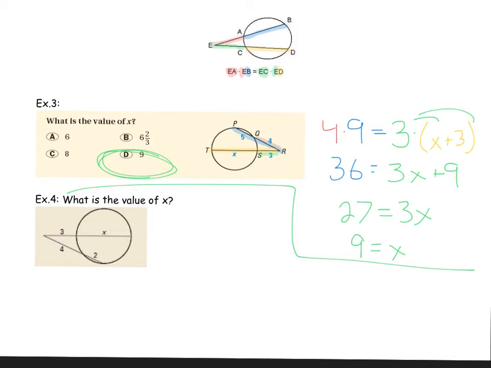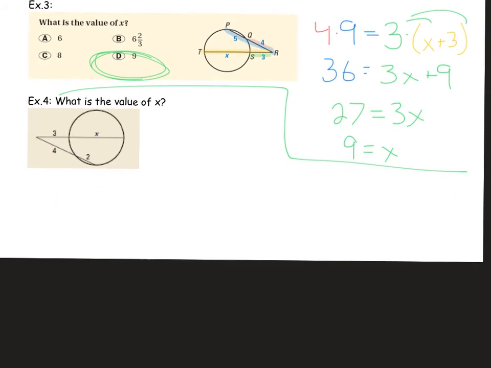For example 4, again, if you want to pause the video, feel free to do that and then come back, see if you get it right. I'm going to walk us through it here in just a minute. So feel free to pause if you want. Got the exterior part and then the whole thing. Then we've got the exterior part and the whole thing.